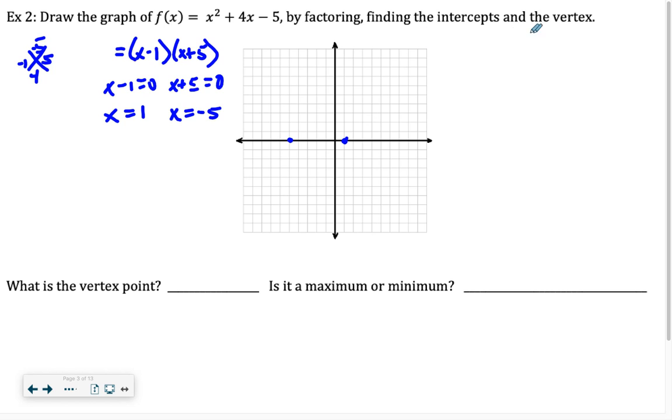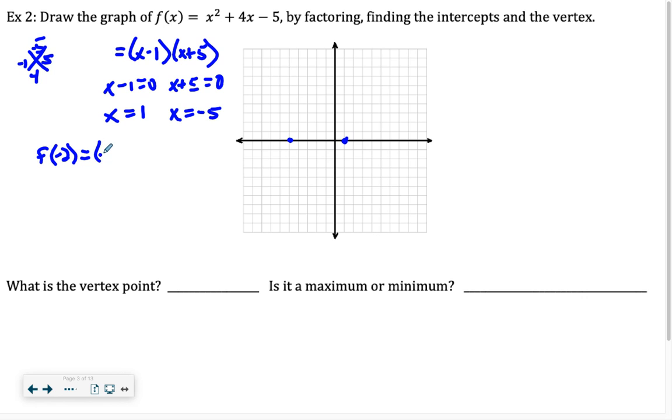Now, we also want to find the vertex using this information. The key here is that the x-coordinate of the vertex is always halfway in between the intercepts. Okay? The x-coordinate of the vertex is always halfway in between the intercepts. So halfway in between these intercepts would be the point -2. So I'm just going to take -2 now and plug that into my function.